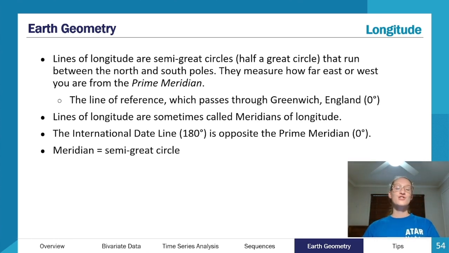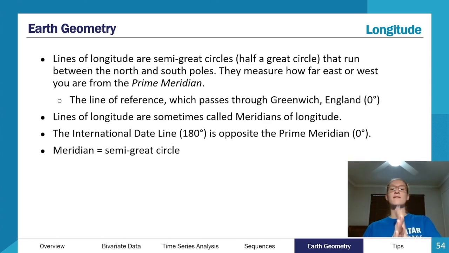So lines of longitude are semi-great circles, referring to half a great circle, and they run between the north and south poles, like we saw in the previous slide. They measure how far east or west you are from the prime meridian. When we're talking about latitude, north and south, our invisible reference point is the equator, but we don't have a vertical equator.